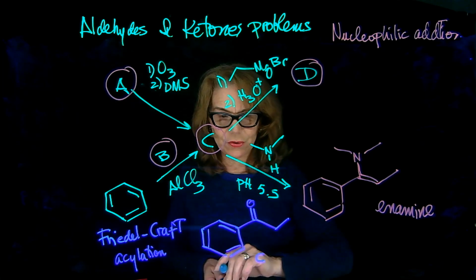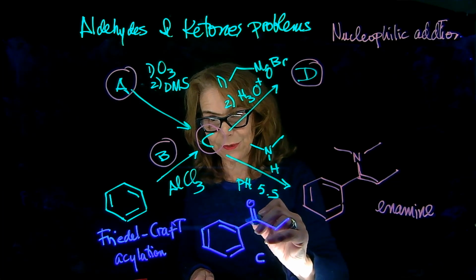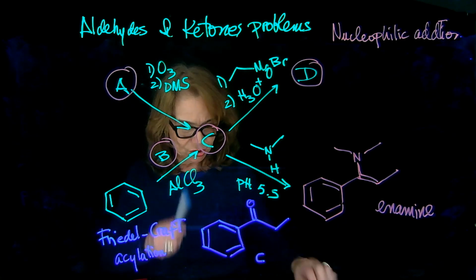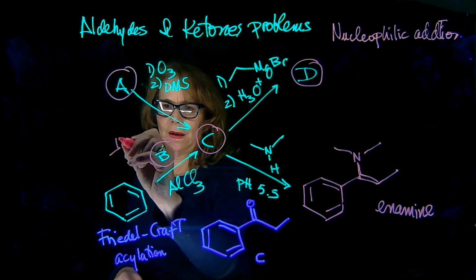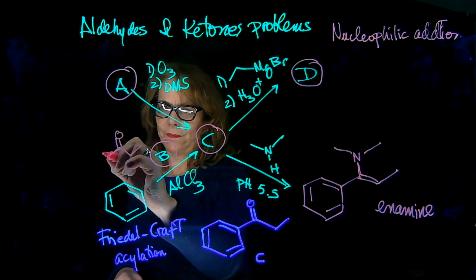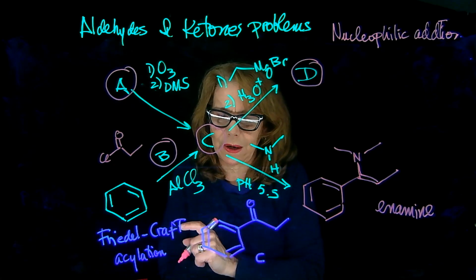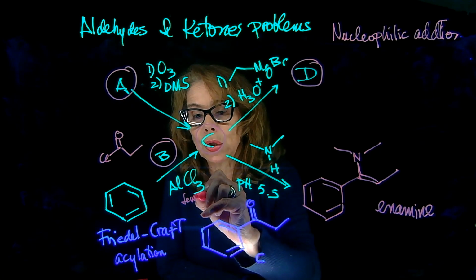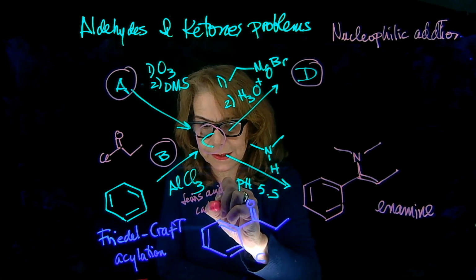So I need to install all of that, 1, 2, 3, and I need to have a chlorine. So it's with an acid chloride. So the structure of B needs to be this acid chloride. Again, you're doing Friedel-Crafts, and aluminum trichloride is simply a Lewis acid catalyst.